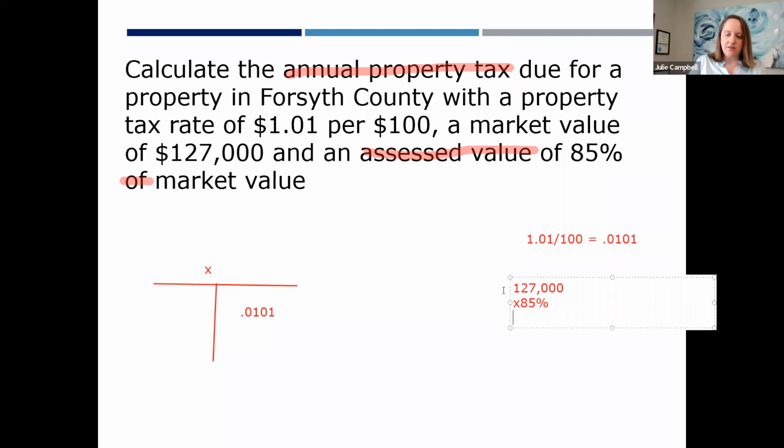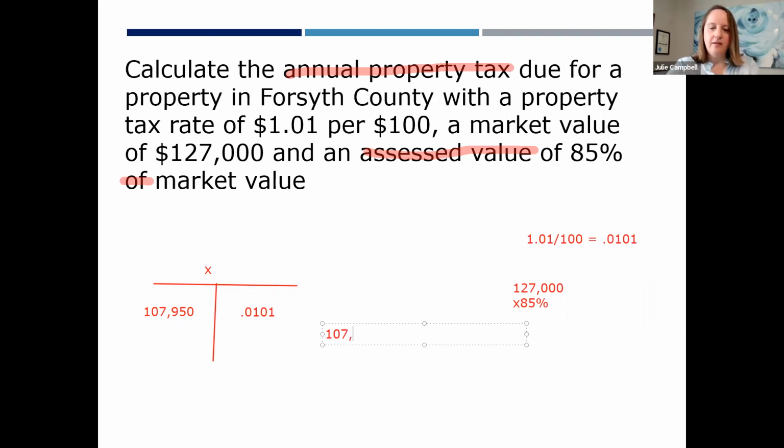We're going to figure the assessed value on 85% of that. So 127,000 times 85% gives me an assessed value of $107,950. Up down line still means multiply.